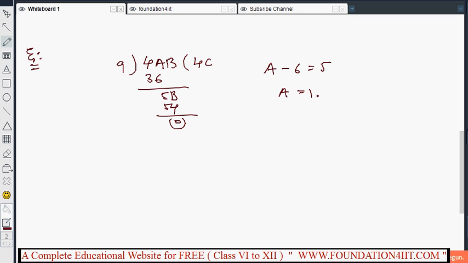So you can take a carry over also. Next, away from 4 on the left, 9 into 6 is equal to 54. That implies C is equal to 6 and B is equal to 4.